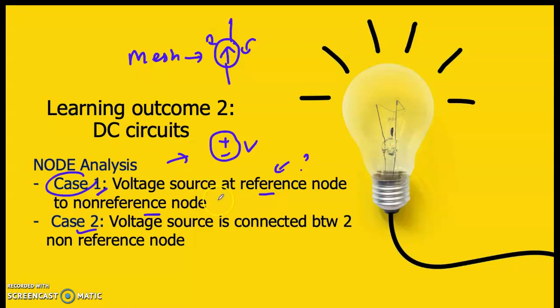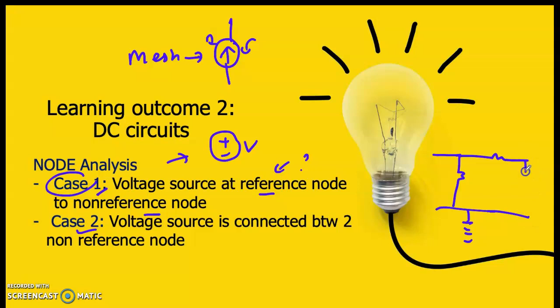Okay, so it depends on your cases just now. So if you look at here, case number 1, voltage source at the reference node to the non-reference node. So reference means what? Reference means the one that is connected to the ground. So let's say you have a node here, right? And then a node here.